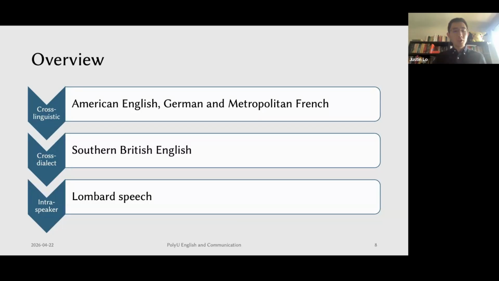Metropolitan French being French that's spoken in France, in northern France, the standard variety around Paris, versus say southern France, the regional variety, or in Canada. And I'm going to be thinking about this from a cross-dialectal perspective, focusing particularly on Southern British English. And finally, I'm going to be looking at Lombard speech, and I'll turn to what that is in a second, to think about within speaker variation.